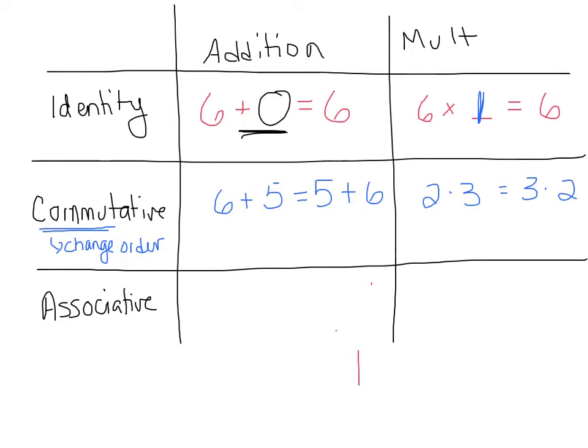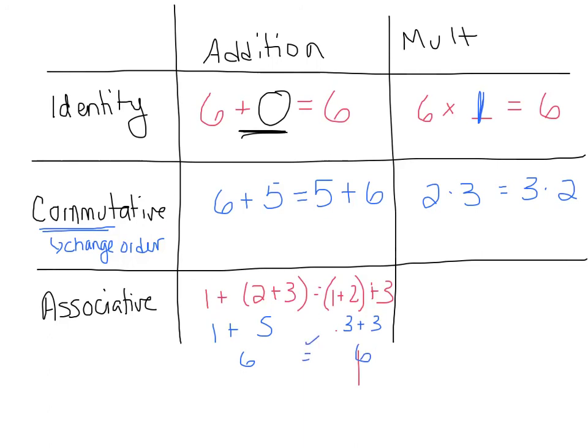The associative property deals with how I group numbers together. I can do 1 plus, in parentheses, 2 plus 3. That's going to be the same thing as if I add 1 plus 2 first, and then add 3. With the order of operations, this would be 1 plus 5, which is 6. On the right side, 1 plus 2 is 3, and 3 plus 3 is 6 as well.